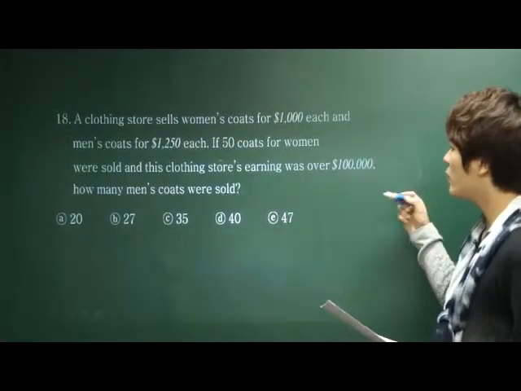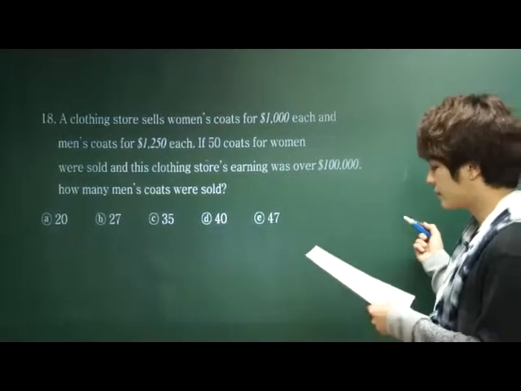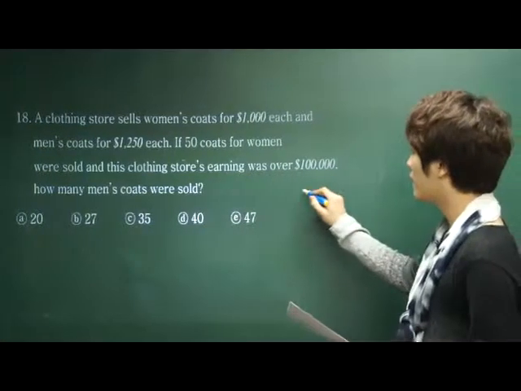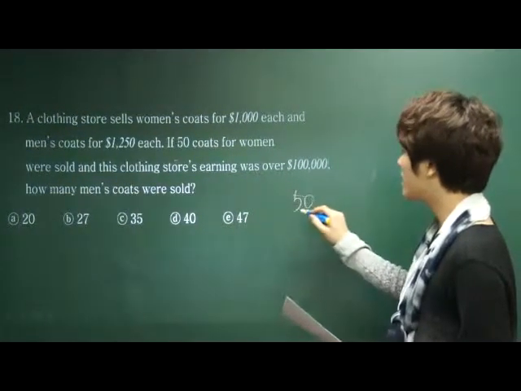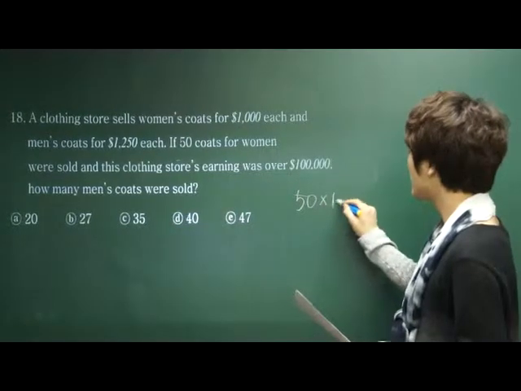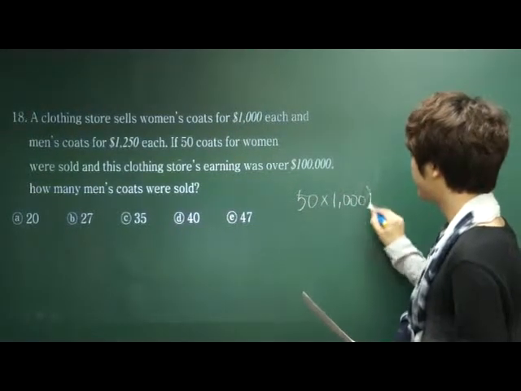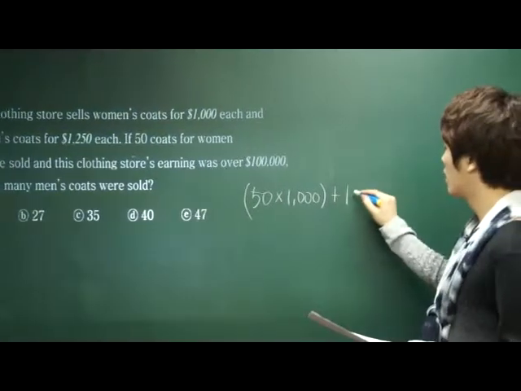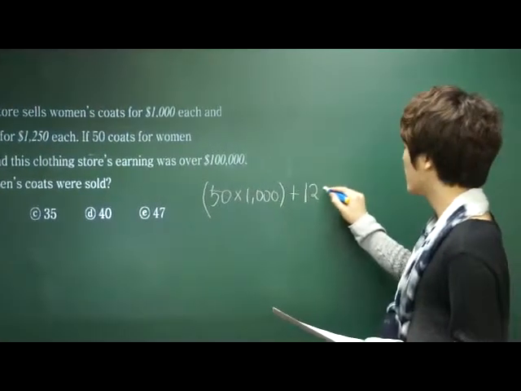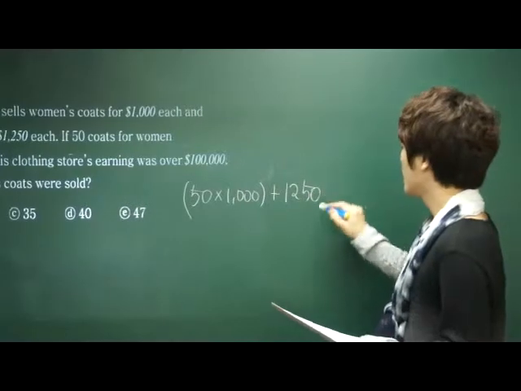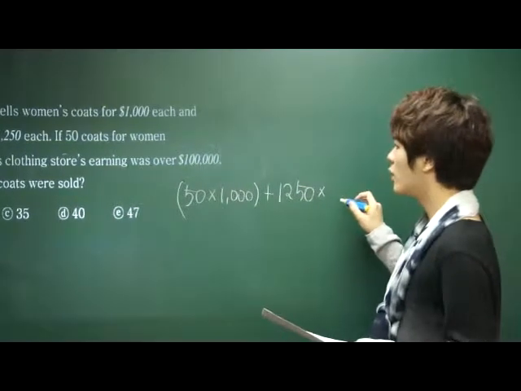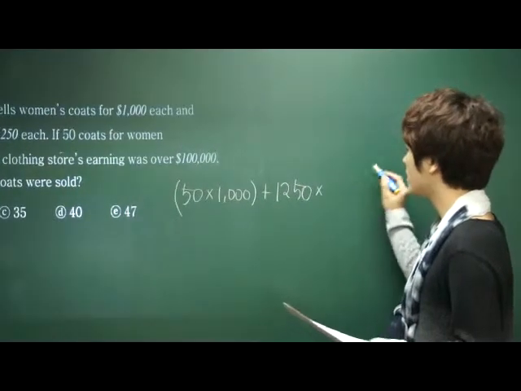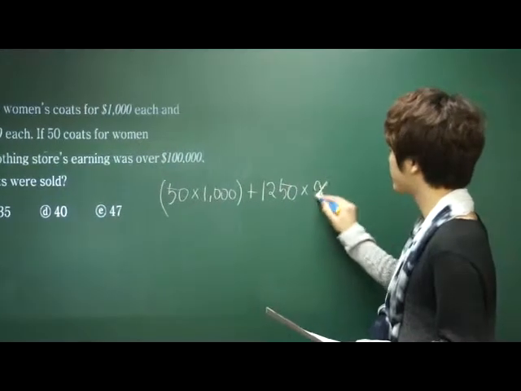How can we write the equation for this? It said there are 50 coats for women already sold, and they are $4,000 each, right? Plus, men's coats are $1,250 each, and we don't know how many men's coats were sold, so let's call that x.